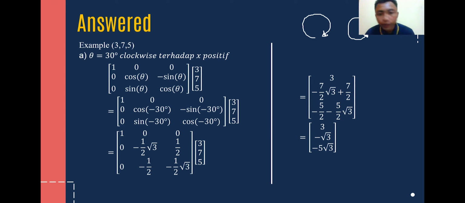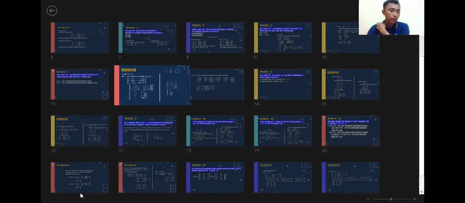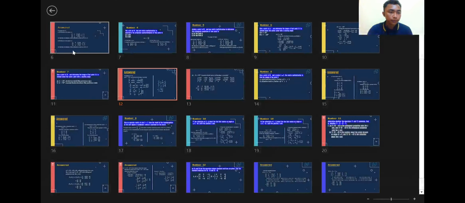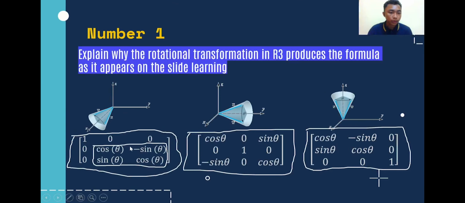Yeah, that's the theorem. So in the clockwise case, we can see this is the formula in the slide number 1. Sorry, this is from the positive x, and this is the formula we use.